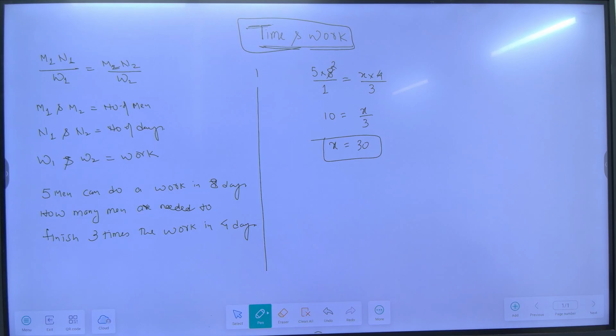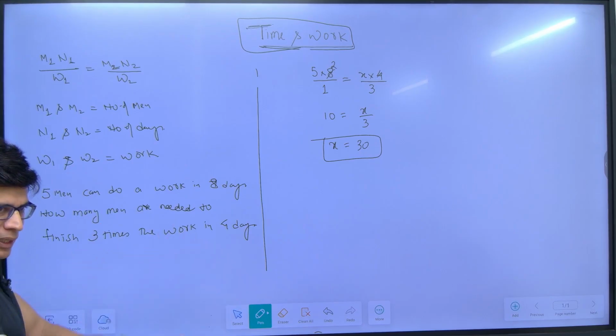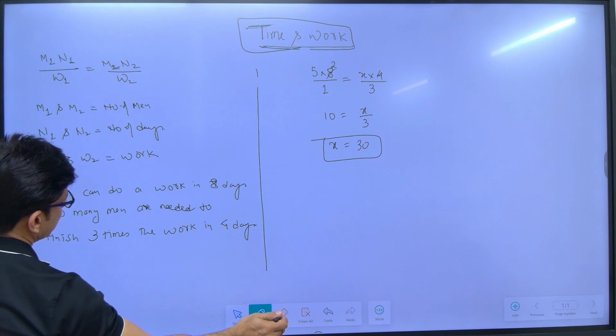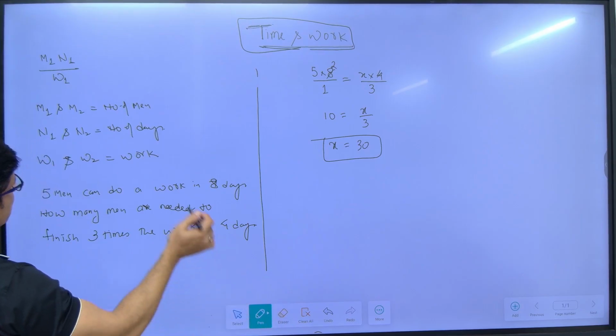The formula remains the same. So when efficiency is also involved, let's say 5 men can do a work in 8 days by doing 3 units per day, 3 units per day, right? So when efficiency is involved, the same formula will turn out to be like this.